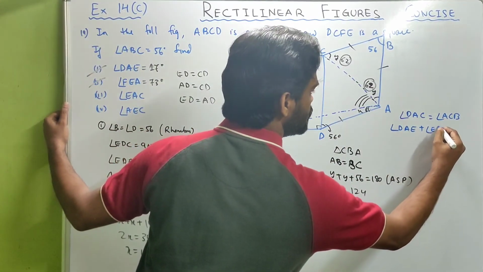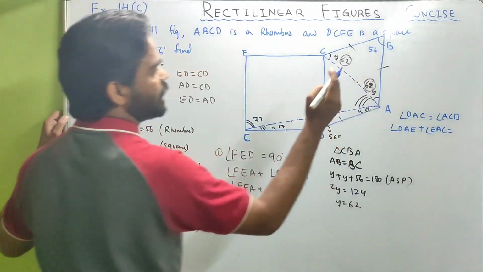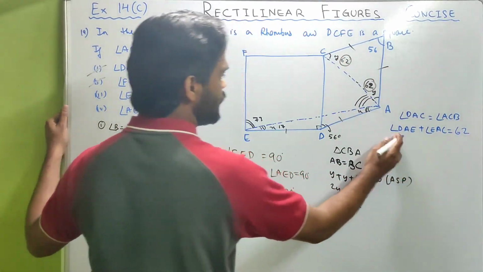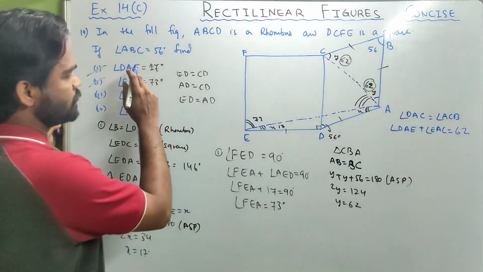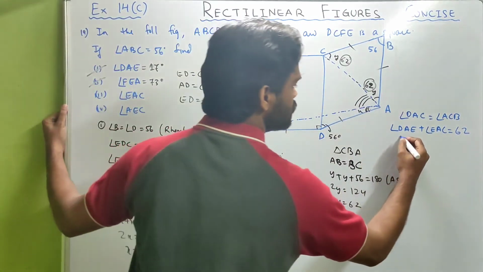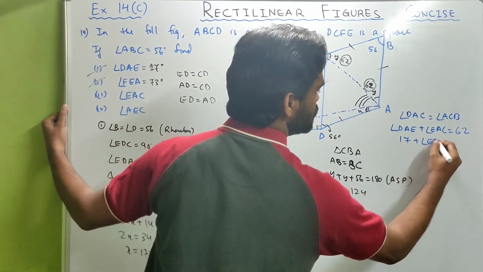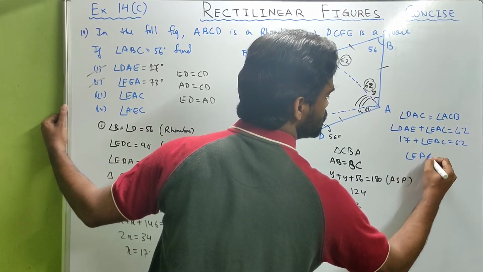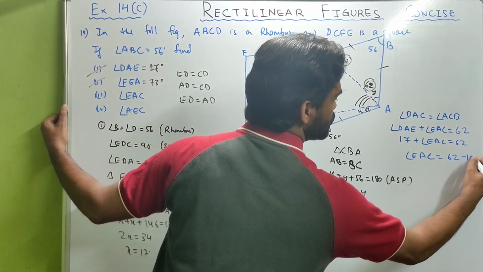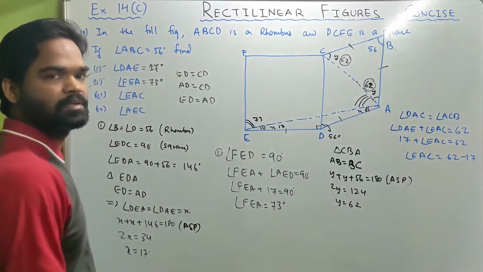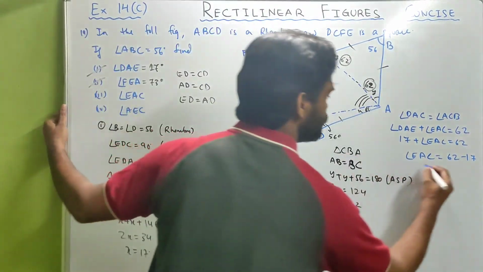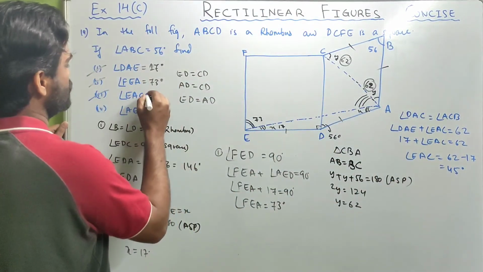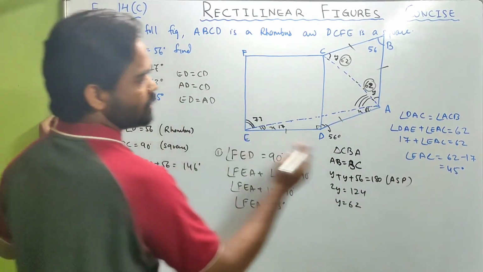And ACB, we just got 62. And DAE, we already got, that is how much? 17. So 17 plus EAC is equal to 62. So EAC is equal to 62 minus 17, that's 45 degrees. EAC is 45 degrees.